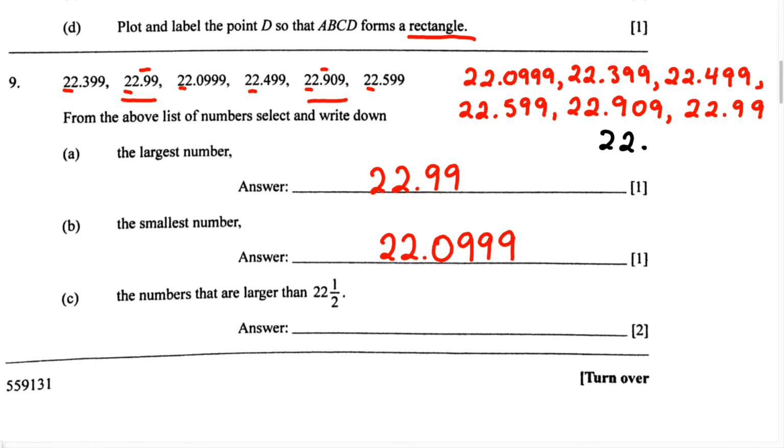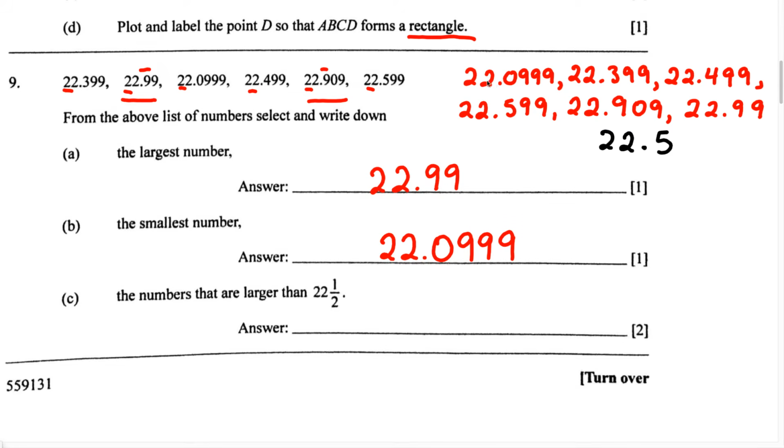We're just going to add a decimal point. And to change 1/2, we're just going to say 1 divided by 2 in our calculators. And we're going to get 0.5. So we're just going to write the decimal part, which is 0.5. Now they want us to find the numbers that are larger than 22.5.